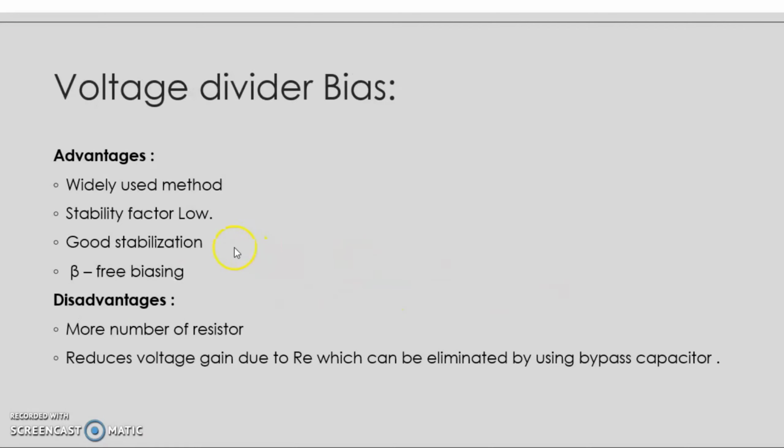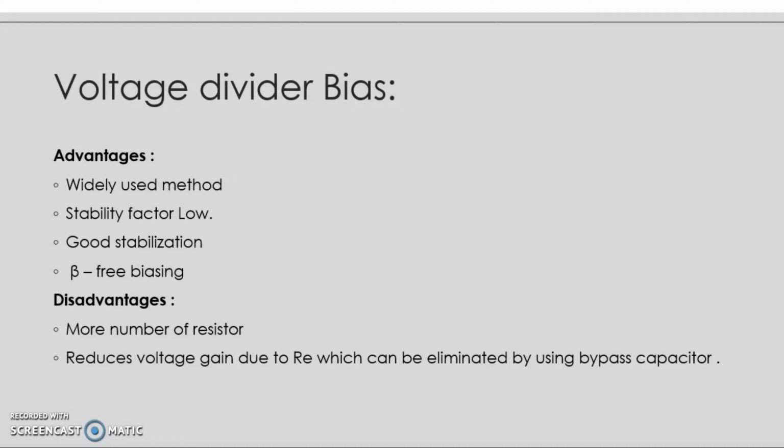And here it is beta free biasing. That is, your IC is almost independent of beta. We know that beta is a parameter which changes if the device changes, or if temperature changes. So if we make our current independent of beta, then it is very good, because our circuit is not going to be affected by these variations, since IC is beta times IB.